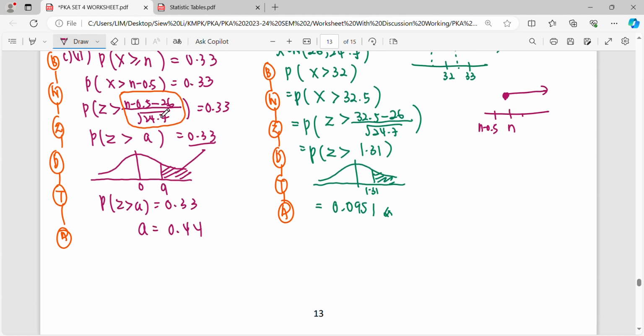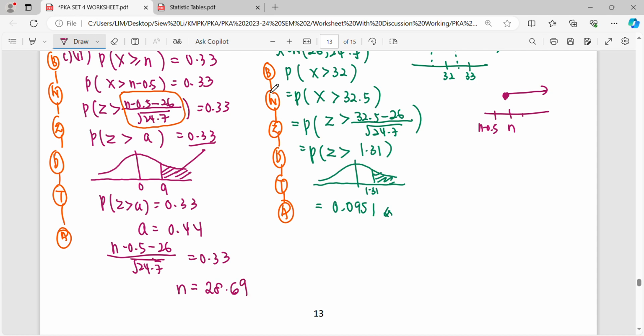So what is the a we represented just now? We represent it with n minus 0.5 minus the mean over the standard deviation. So simplify this. n is equal to 28.69.